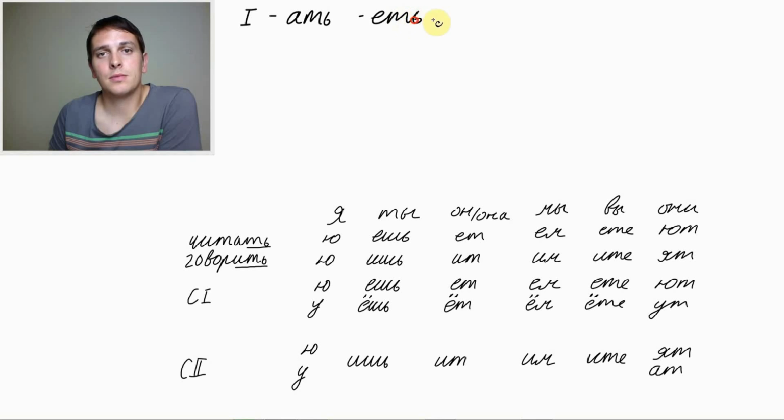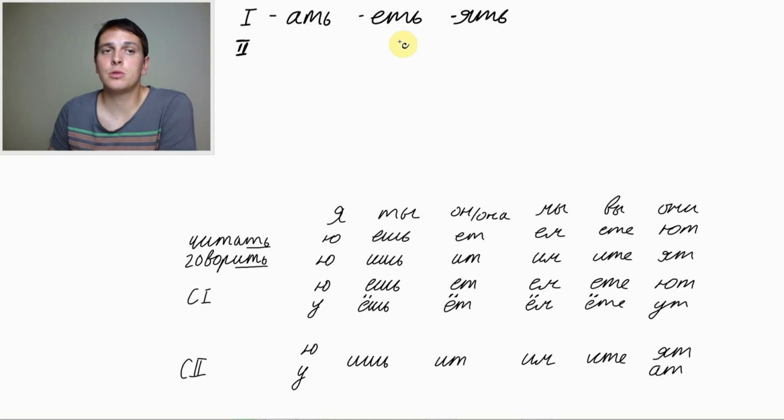Basically, these are the endings of the verbs. So once you found the verb in the dictionary or the verb you want to use, you look at the ending, and if it's ать, there is a high possibility it will be from the type number 1.